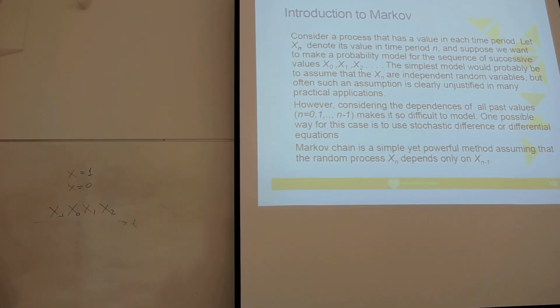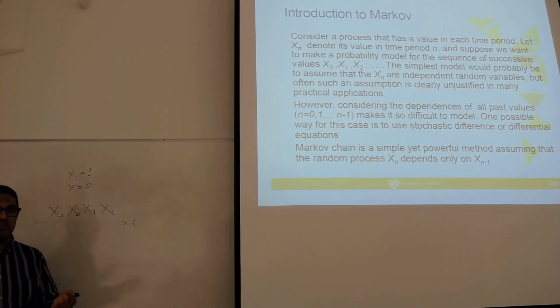Okay. One possibility is that you assume that they are independent. So it doesn't matter, tomorrow can be greater than 0 or less than 0 independently from today. You can assume that. But this is a very strong assumption, and strong assumption means a bad assumption, that it is quite strong to be believed.